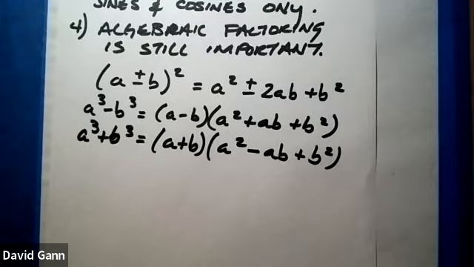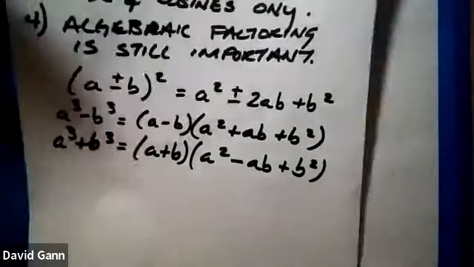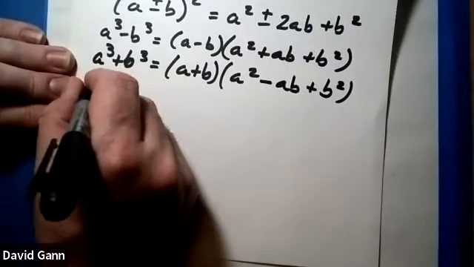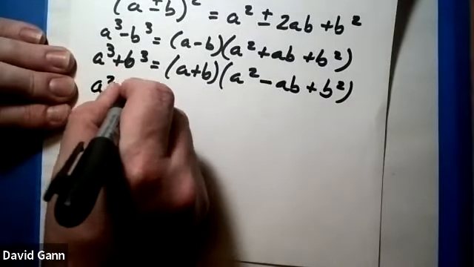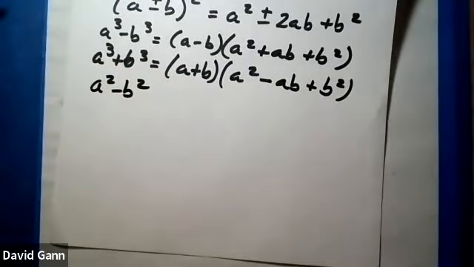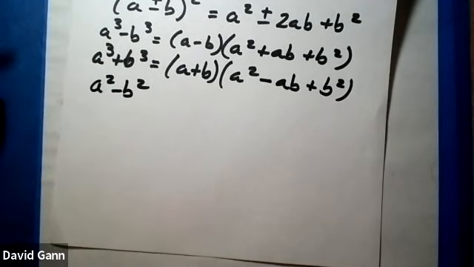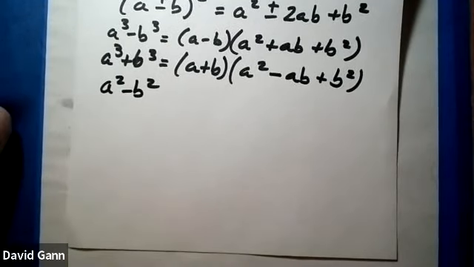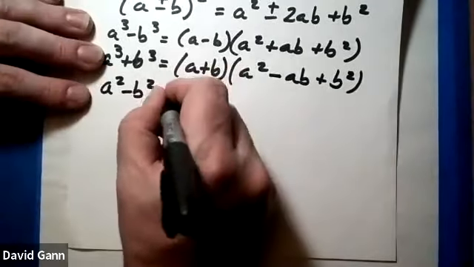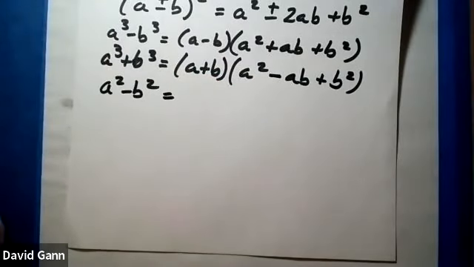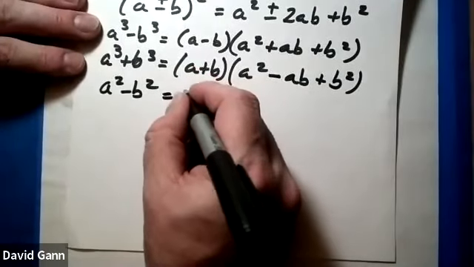Another kind of important factoring classification is the so-called difference of squares. I know it's kind of weird when you've got a and b there, but this is the kind of thing that leads to the use of the conjugate and every other sort of thing along those lines.